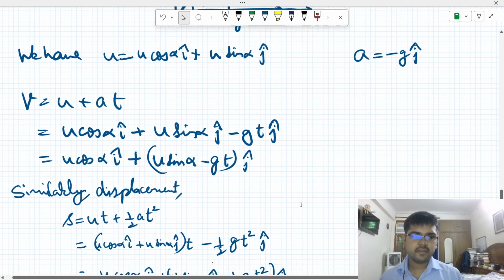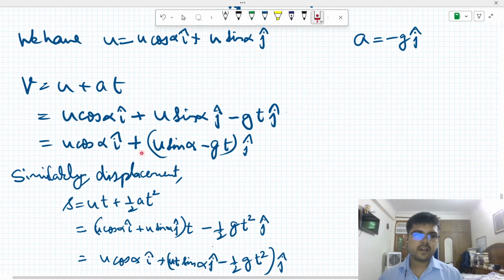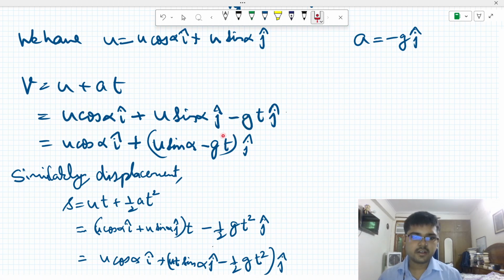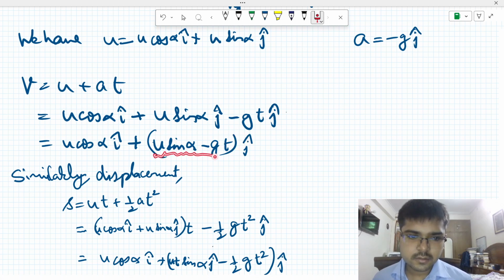Now v is equal to u plus at, so the u value I have written here and the at value I have written here. Then we can take i cap separately and j cap separately, the term under j cap is u sin alpha minus gt j cap.